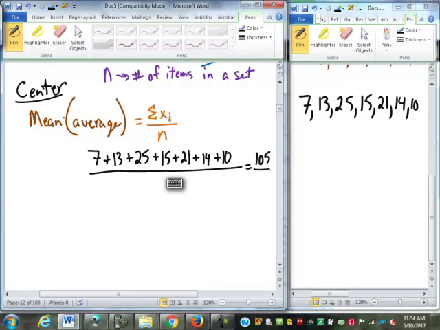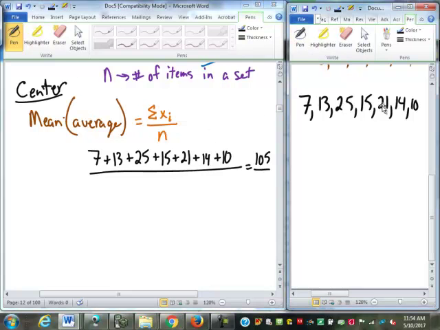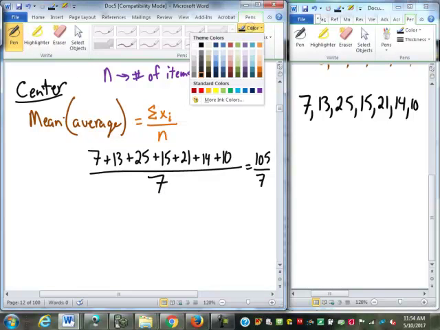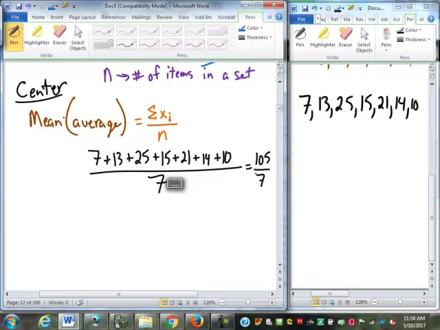So they add up to 105, and I have to divide by n. Well, n is going to be 1, 2, 3, 4, 5, 6, 7 numbers. So I'm dividing by 7. 105 divided by 7 is 15. So the mean of this set of numbers over here is 15. That's one measure of center.